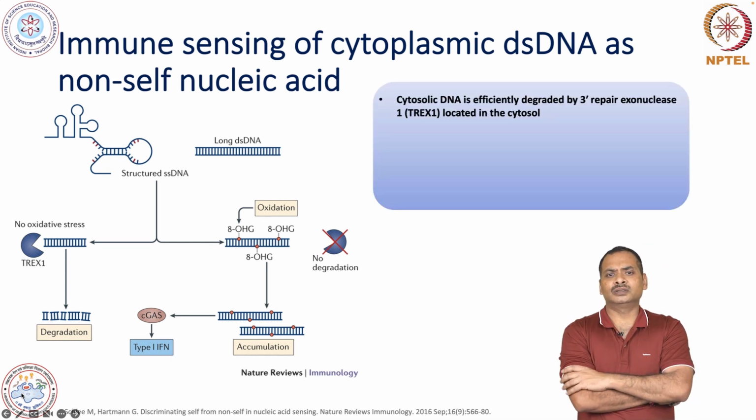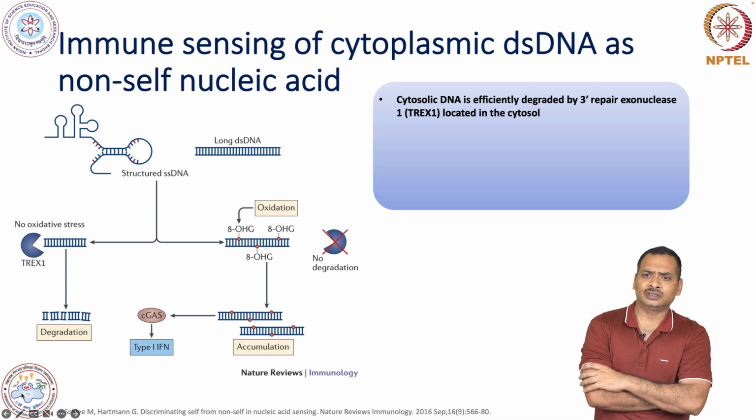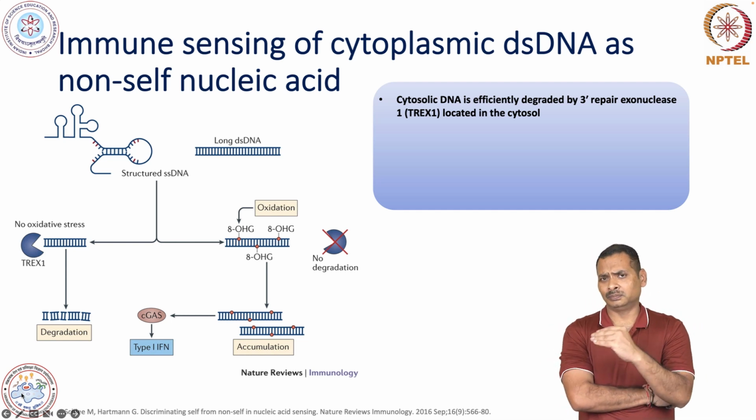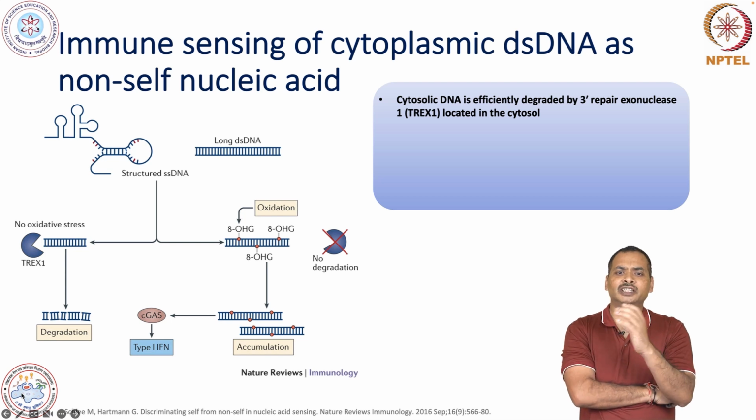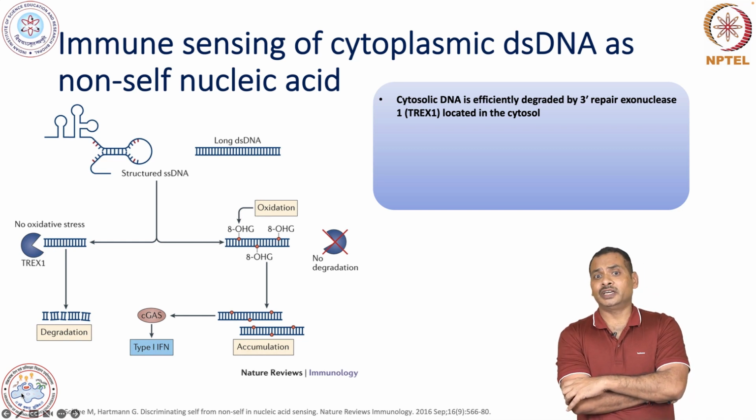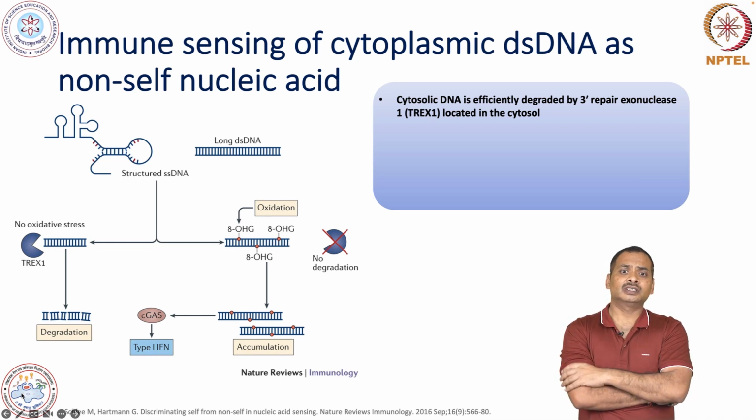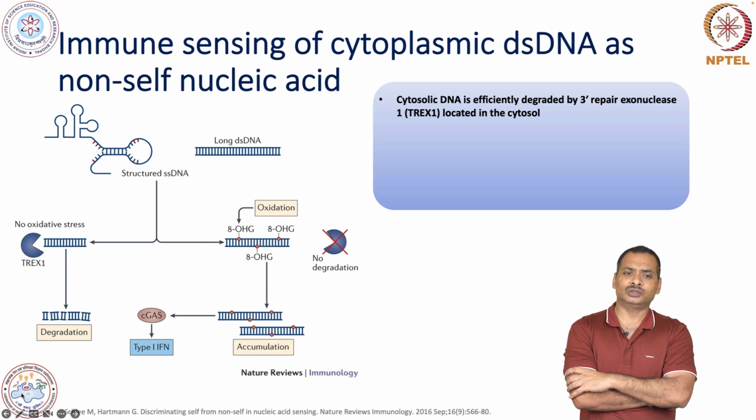There is a molecule known as TREX1, which also plays an important role in sensing DNA. Basically, this cytoplasmic DNA is efficiently degraded by the 3' repair exonuclease TREX1, located in the cytosol.